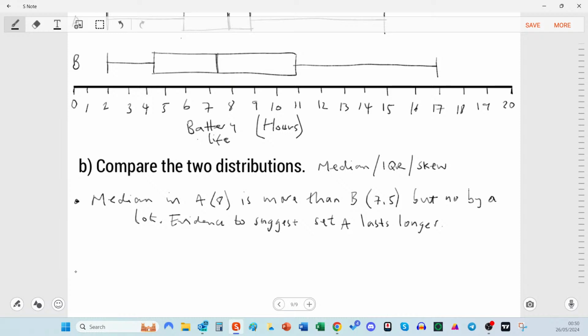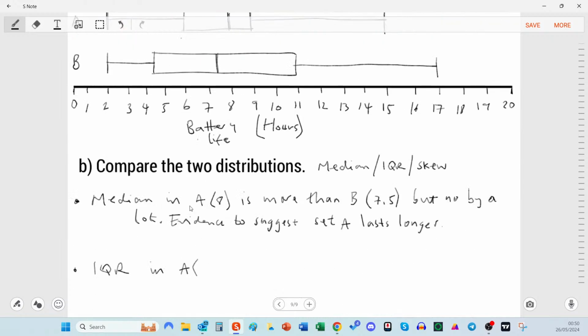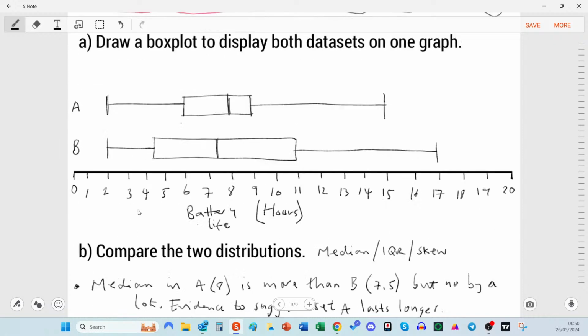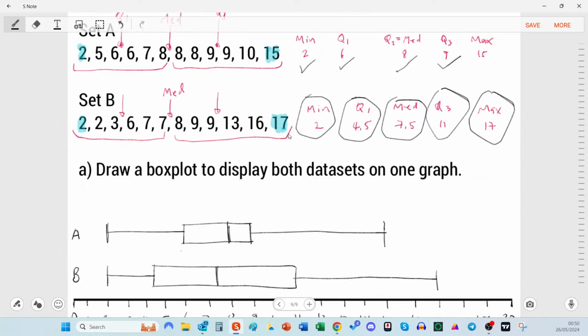There's definitely a difference. So the interquartile range in A, which is the difference of 9 and 6, which is 3, is less than in B, which is that 4 or 3.5?